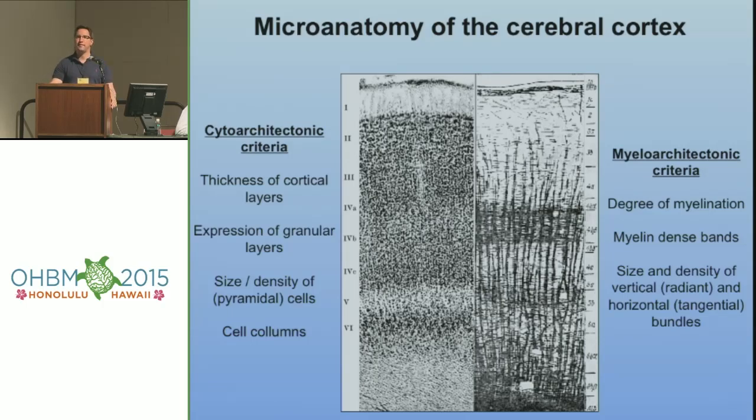But also in the cerebral cortex, we do have myelinated fibers, and here we can look at properties like the overall degree of myelinization in a particular area, or the presence of myelin-dense bands, or the size and density of vertical and horizontal fiber bundles.